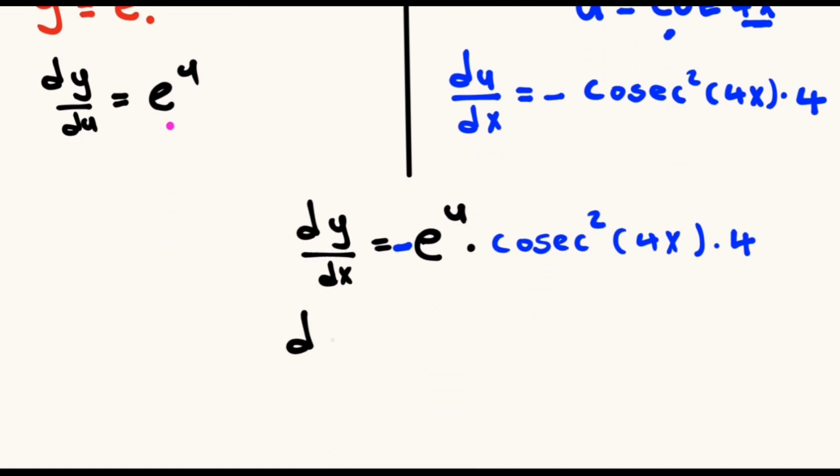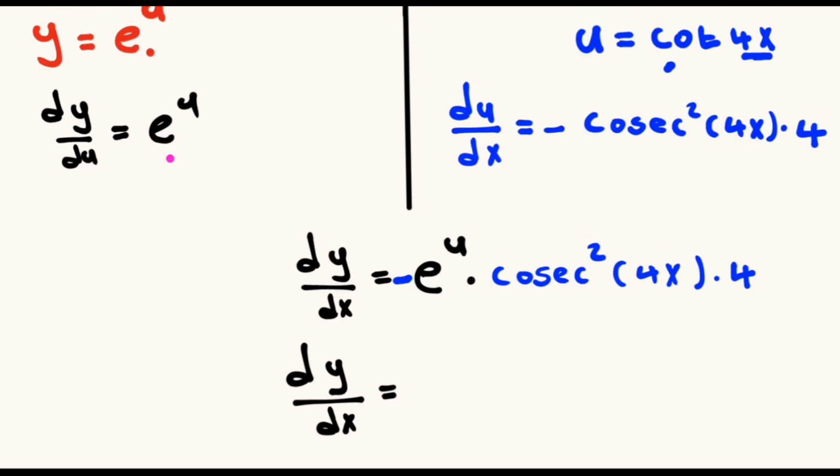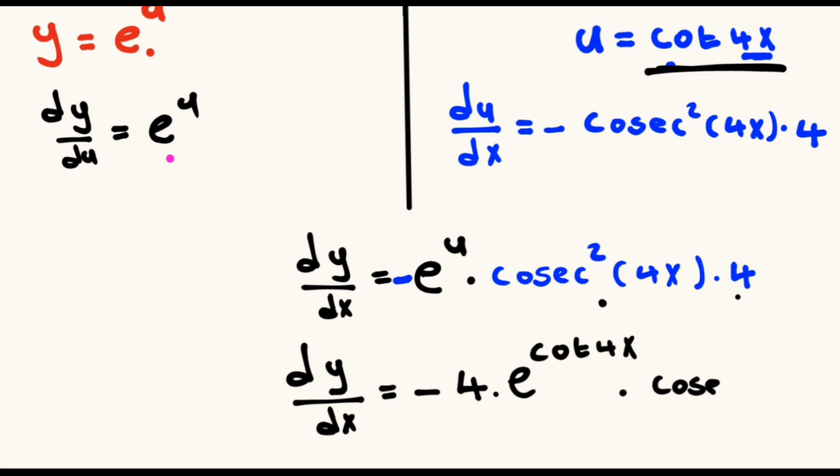So the derivative of y with respect to x will be equal to negative 4 multiplied by e raised to the power u, and in the place of u we substitute back cot 4x, and this will be multiplied by cosec squared of 4x, and this will be the derivative of y according to the chain rule.